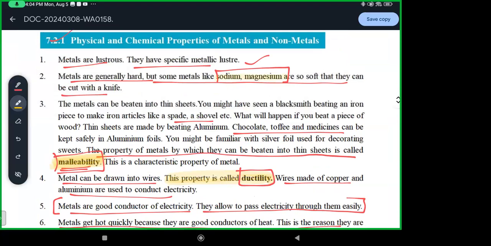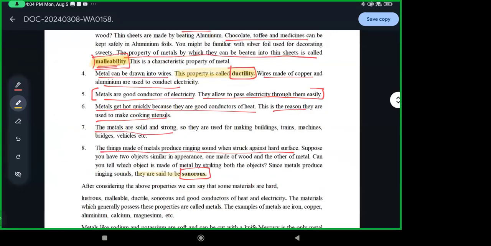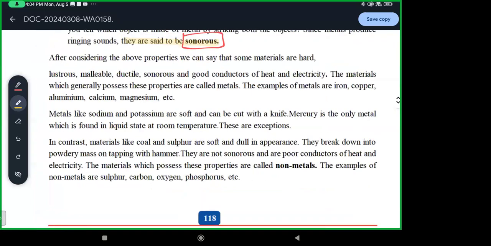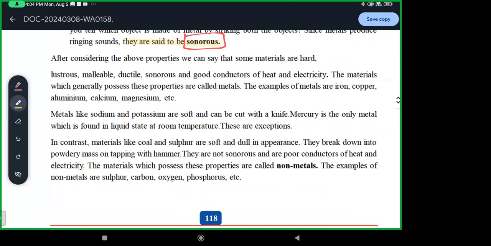Then, after considering the above properties, we can say that some materials are hard, lustrous, malleable, ductile, sonorous, and good conductors of heat and electricity. These are the characteristics of metals in short. The materials which generally possess these properties are called metals.